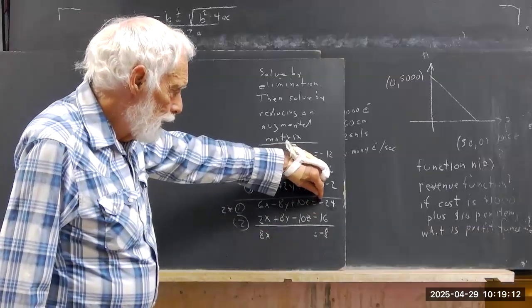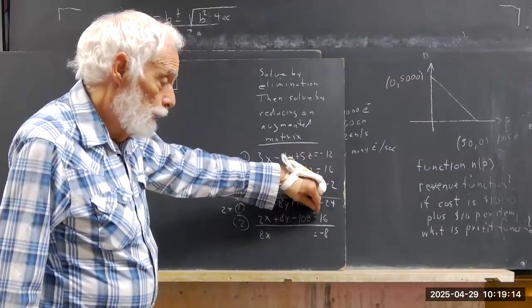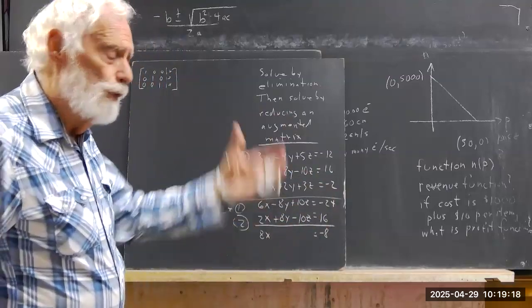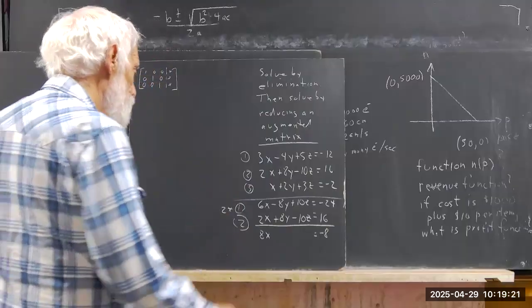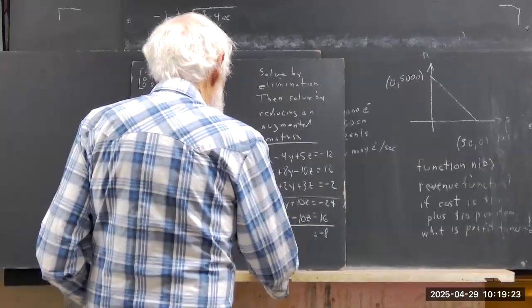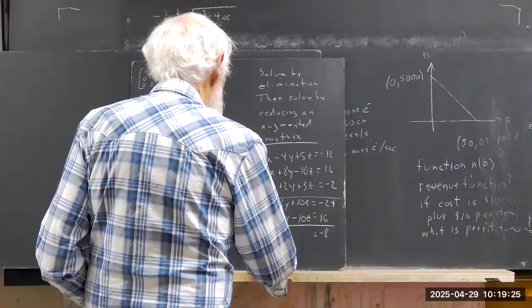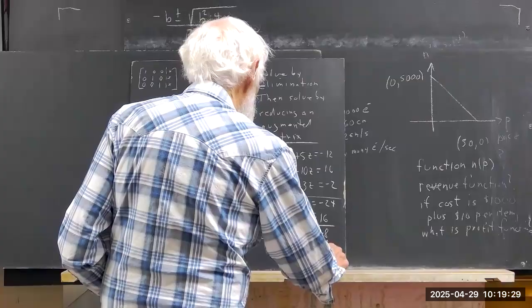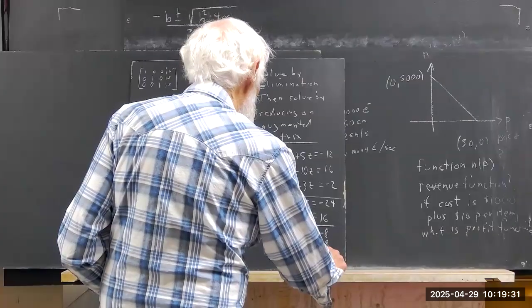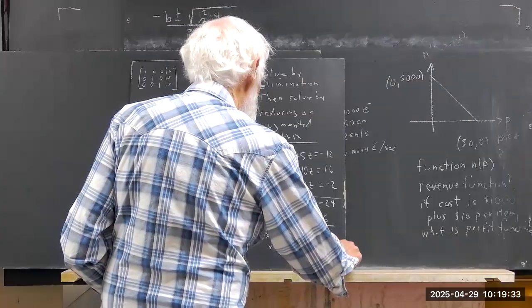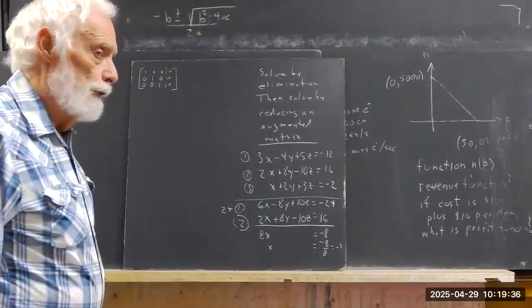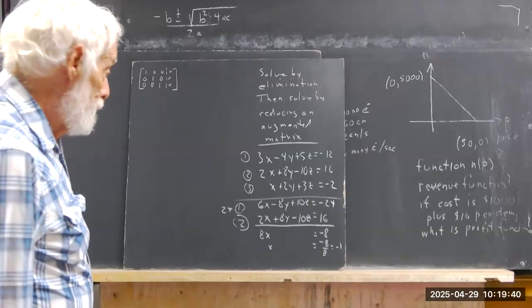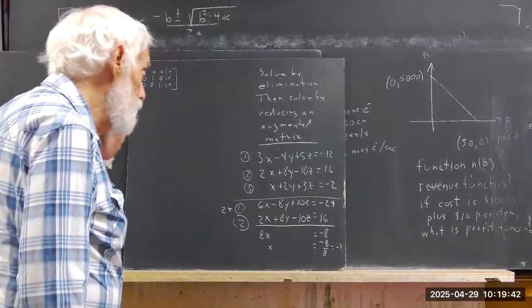That would come about if you didn't have the right signs on the 24 and the 16, you would get 40. 40 divided by 8 gives you 5. Now that won't ordinarily happen, but it happened in this case.